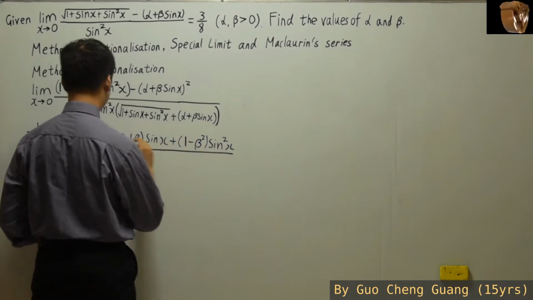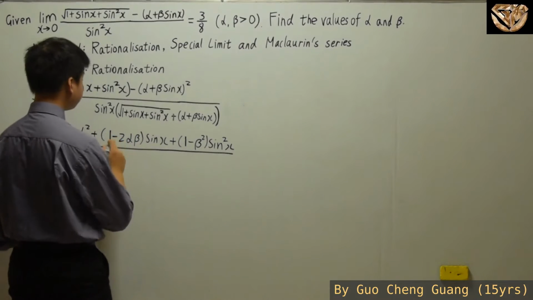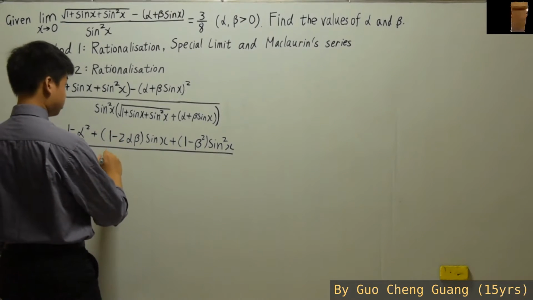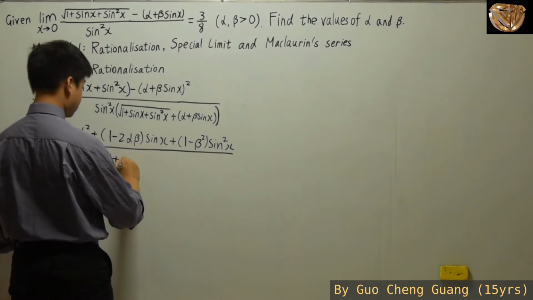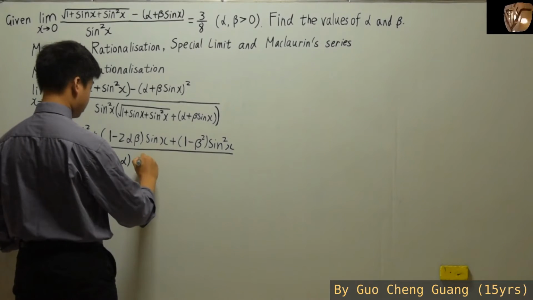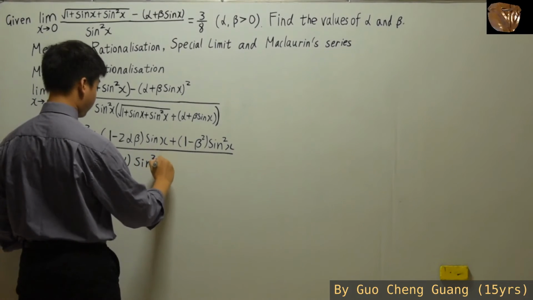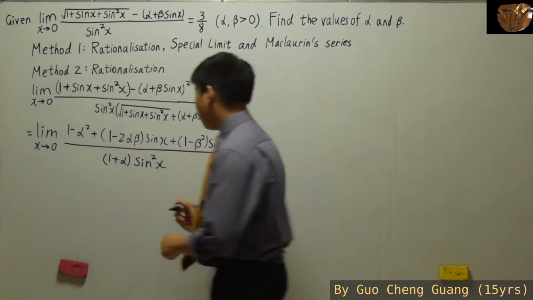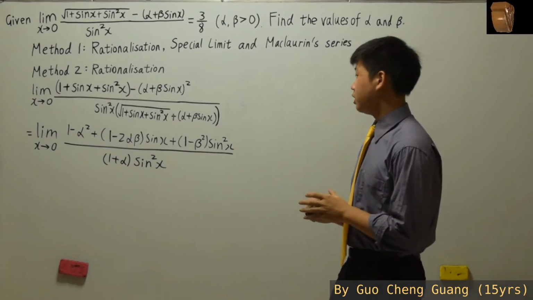And this will be divided by 1 plus alpha sine square x.